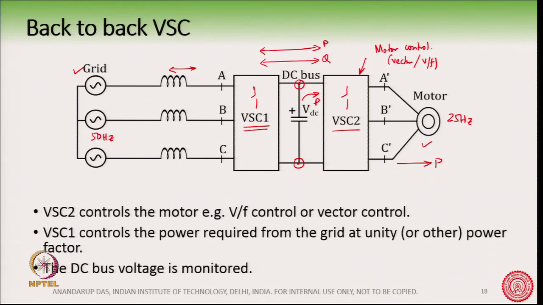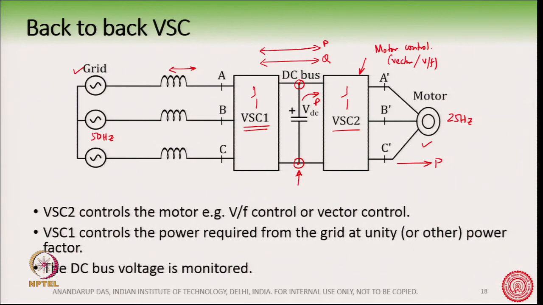Remember, VSC 1 and VSC 2 do not know each other. They are not communicating with each other. VSC 2 only sees the motor and is exclusively used for motor control. VSC 1 knows how much power VSC 2 requires by sensing the DC bus voltage.